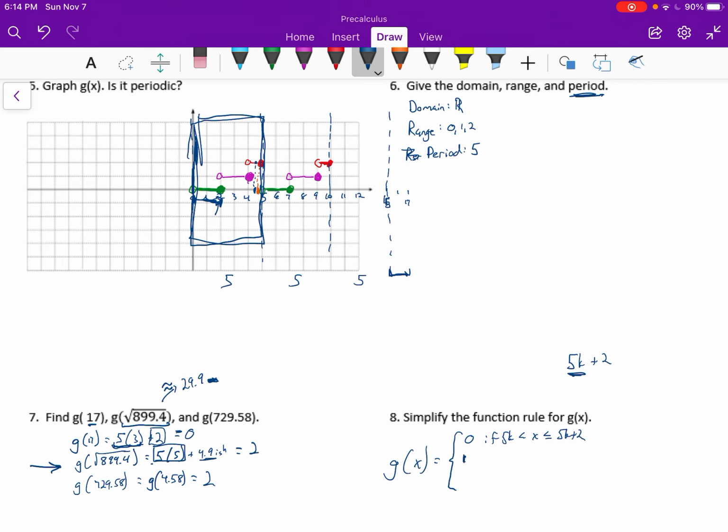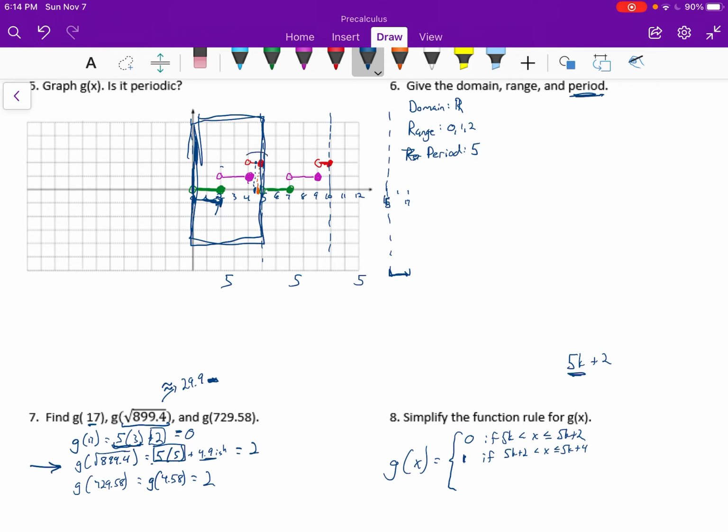And then our next value is 1. Well, 1 we noticed was from 2 to 4. How do we get to 2 from 5k? That's, again, 5k plus 2, which is less than x. Well, how do we get from 5k to 4? 4 away from 5k, we add 4.